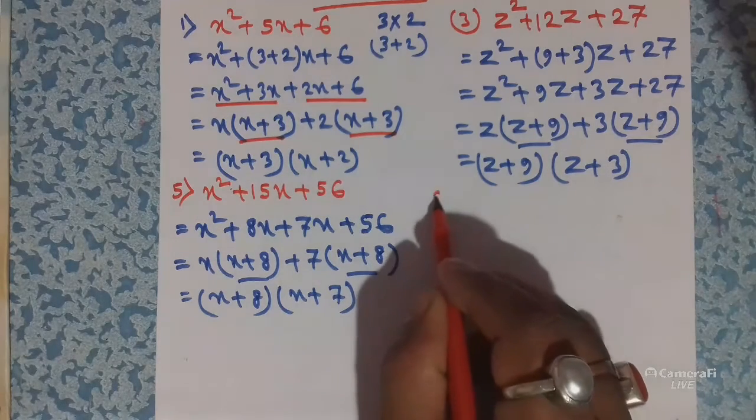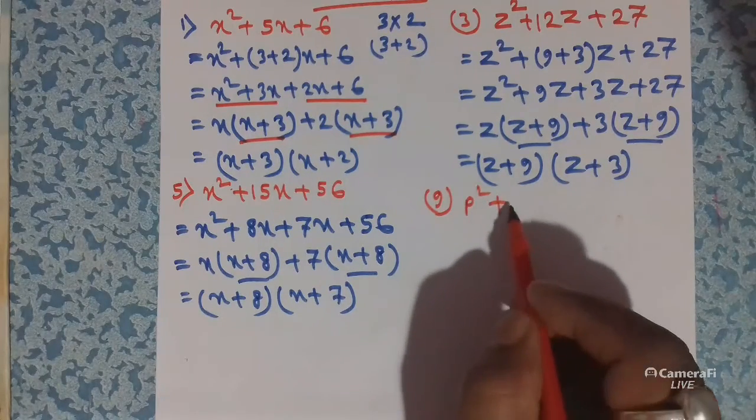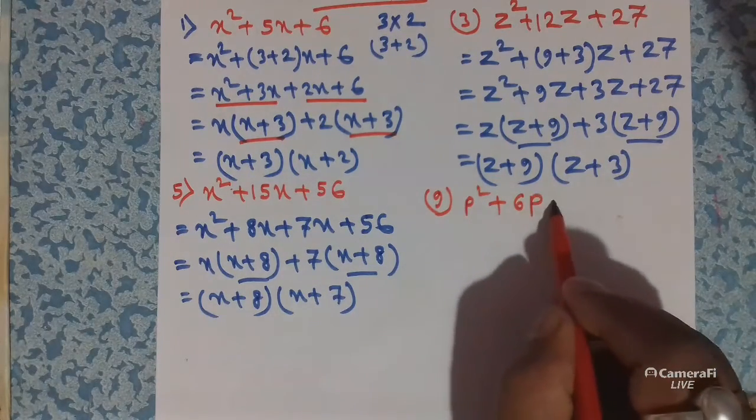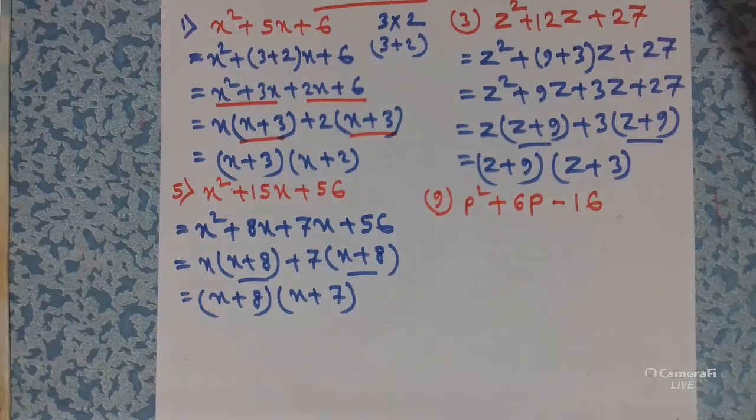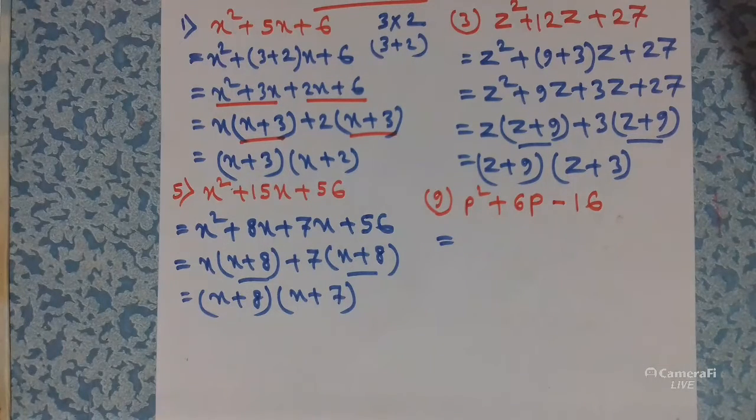Next, problem number 9. p square plus 6p minus 16. Now we have to find the numbers. If we take 16 as 4 into 4, then 4 into 4 is 16, but 4 plus 4 is 8 and 4 minus 4 is 0.